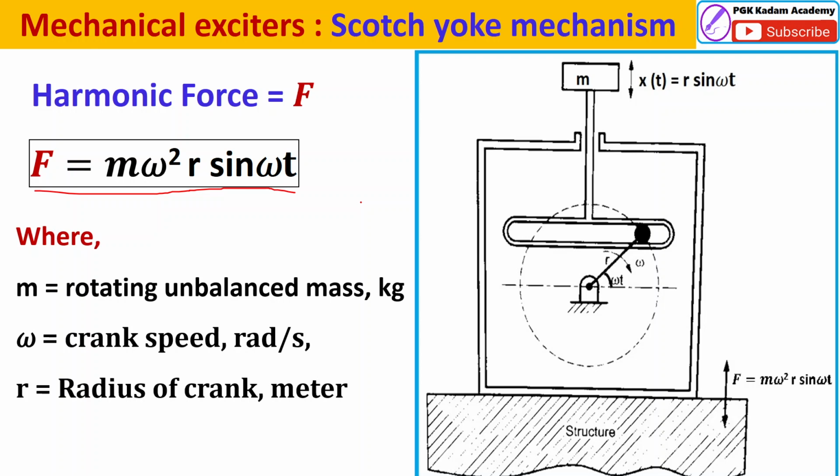In the system, what will happen? The crank mechanism is rotated at a constant or variable speed by the motor.